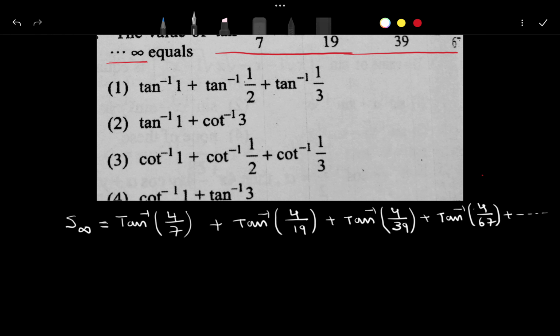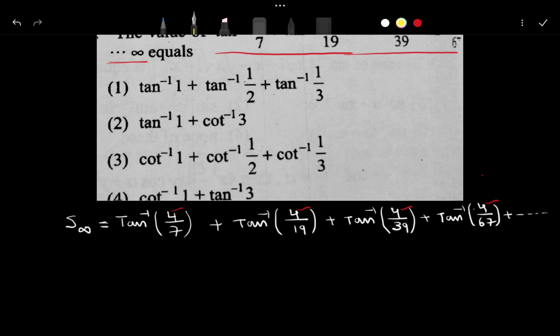By observing this series, the numerator is 4 in all the terms. So the numerator is the same, only the denominator is different. So how can we write the denominator value?